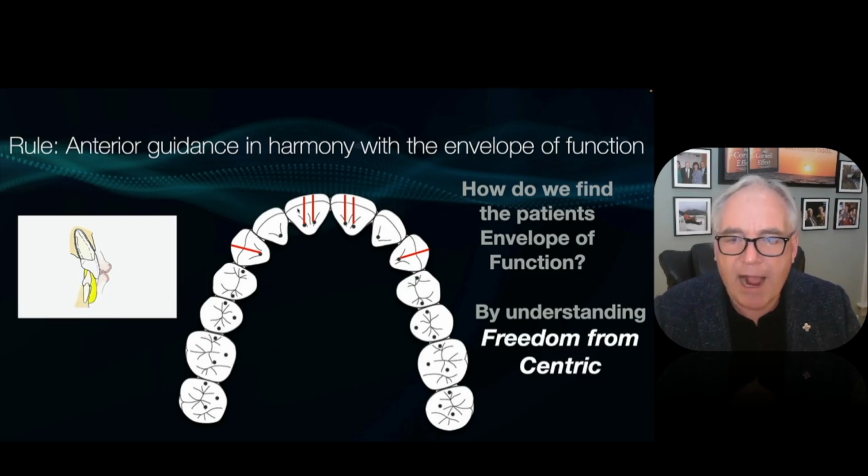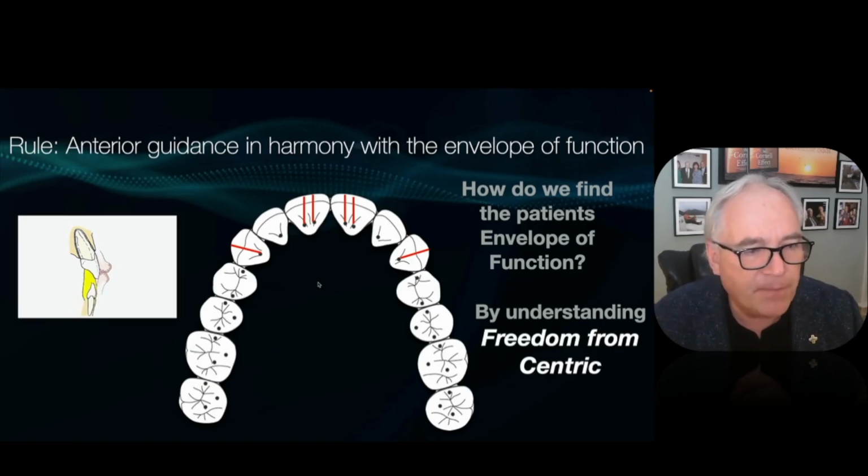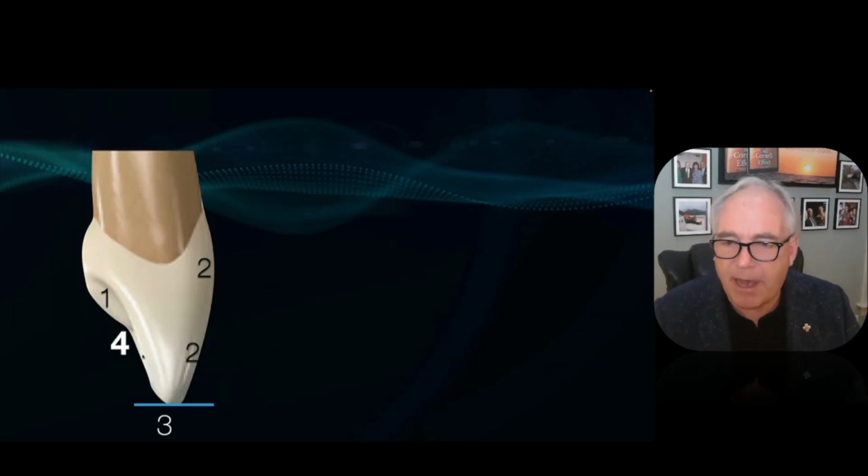But if we could track this outside movement easily, like with things with our scanner, which I think are coming, we might be able to develop wax-ups that also will customize this as we create them. I just don't think there's an easy way to do that right now, which means that in order to really dial in long centric and freedom from centric and envelope of function, we have to do this in the mouth with our provisionals or with the natural teeth. We can certainly see centric stops and we can see incisal edges on an articulator, but what we can't determine is this concavity.